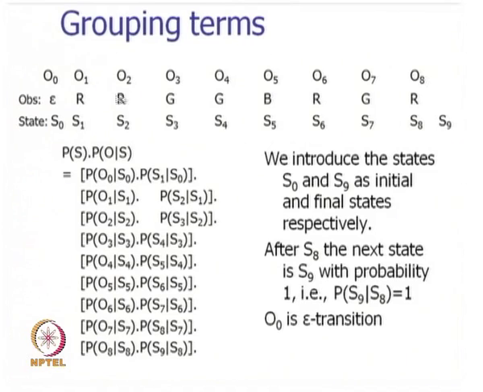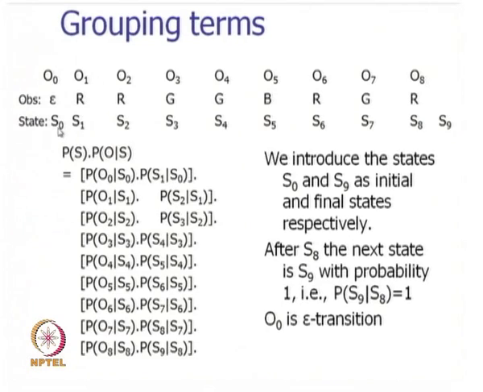So, this is shown in the picture here, where we have O1, O2 up to O7 and we have different colored balls which are coming as observation sequence, and below that is the state sequence S1 to S8. This S9 here is the final state. S0 is introduced as a fictitious state.